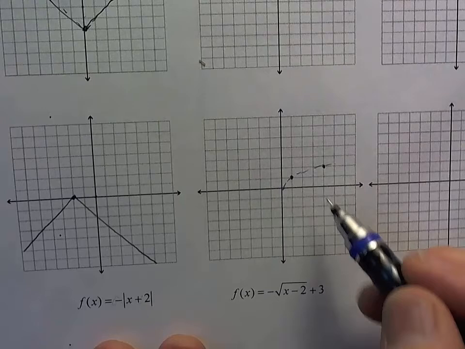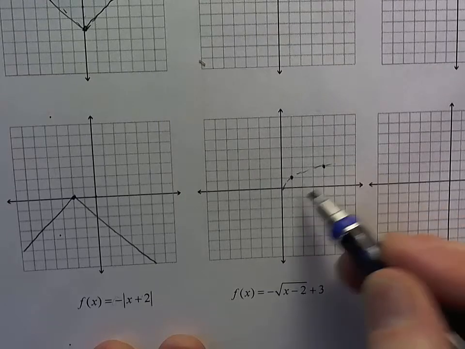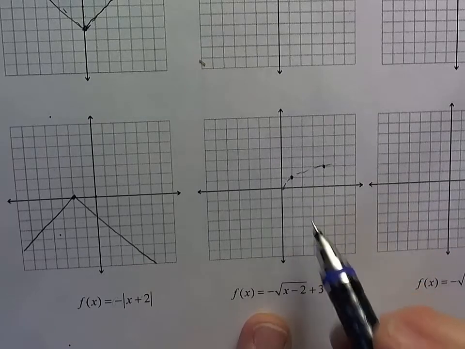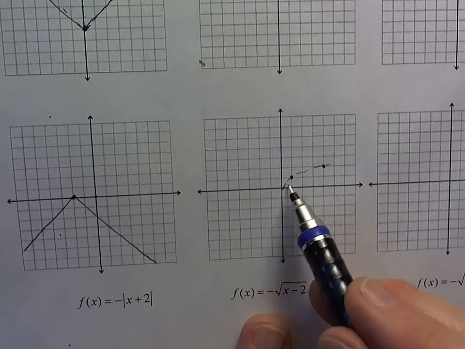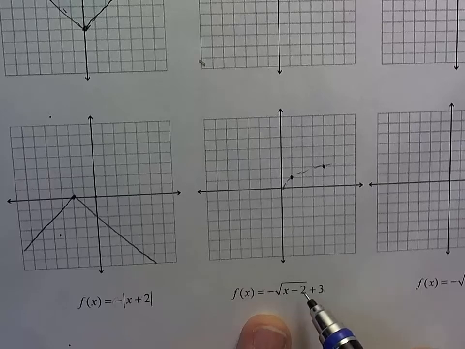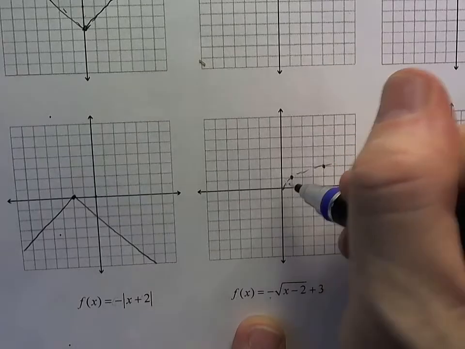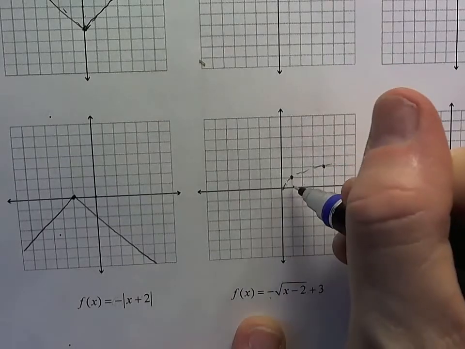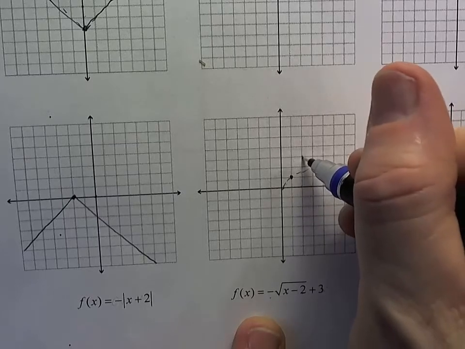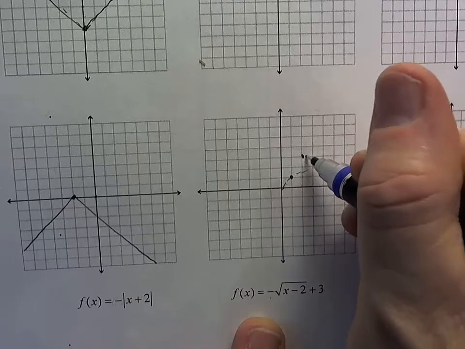The parent function is something like that, right? Absolute value. But this parent function is going to be turned upside down, raised up 3, and shifted 2. So you turn it upside down and then you raise it up 3. And we're shifting to the right 2. So we go 1, 2, and then up 3. 1, 2, 3. But remember, it's upside down.